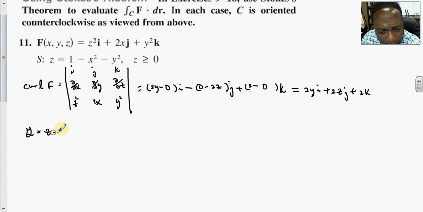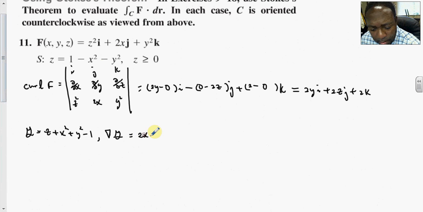So it's z plus x squared plus y squared minus 1. So the gradient of g is 2xi plus 2yj plus k.